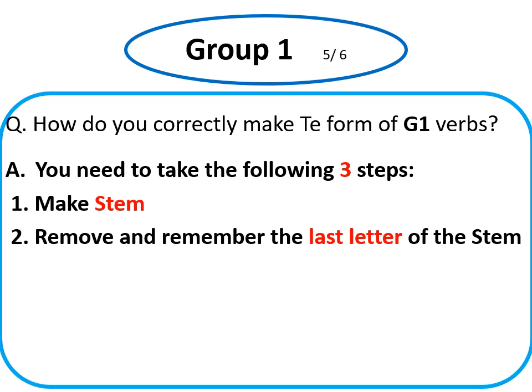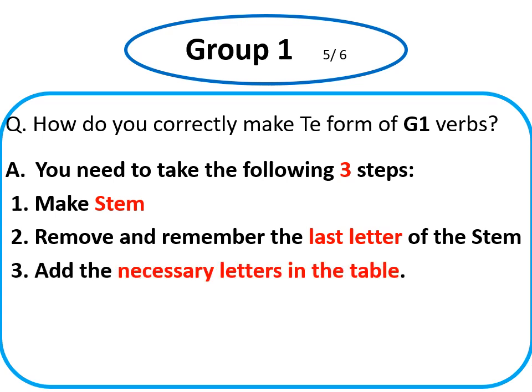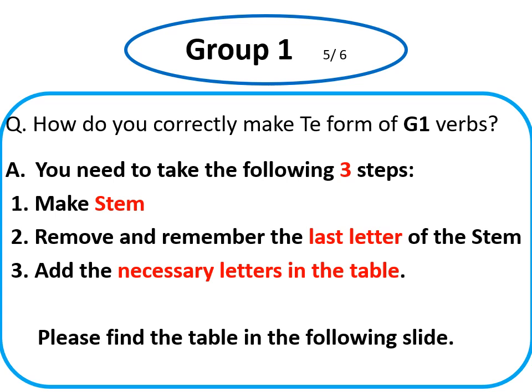Secondly, you remove and also remember the last letter of the stem. And then the last step is to add the necessary letters in the table. Now you have to remember the table, which you're going to see in a minute.